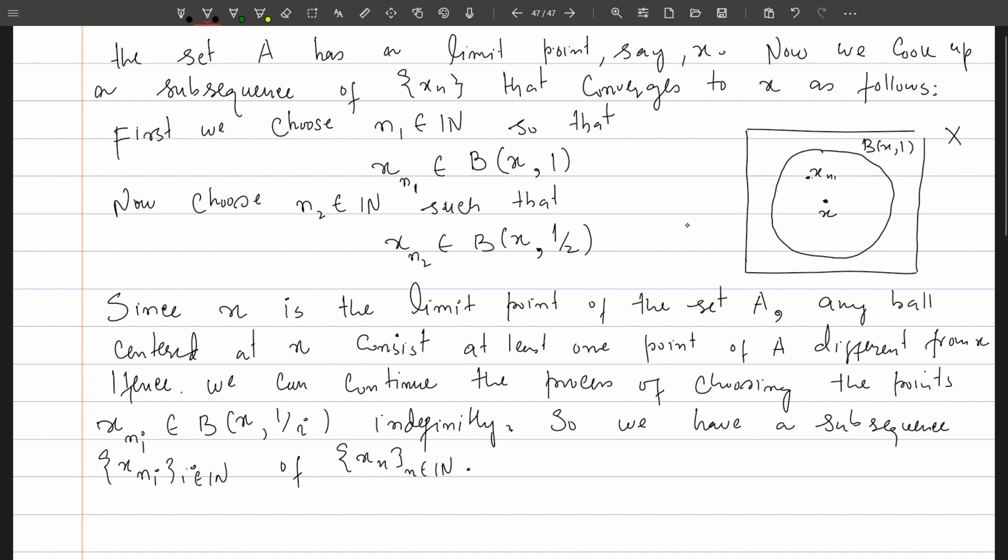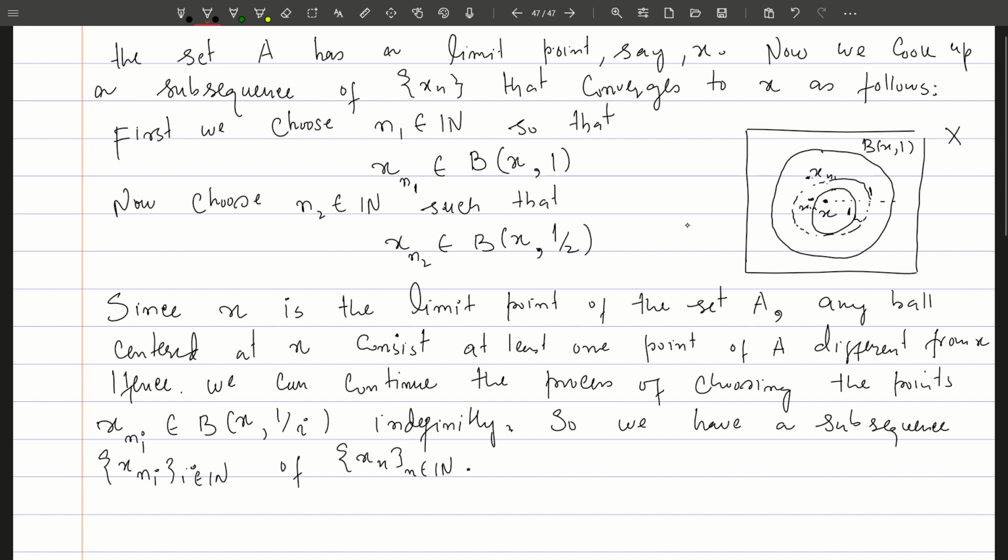Since x n1 is in the ball, its distance from x is less than 1. Now we choose another point x n2 in the ball centered at x and radius half. So we pick another ball whose radius is half, and we pick a point x n2 here, and then we pick a ball centered at x and radius 1/3, and we pick a point x n3, and the process goes on.